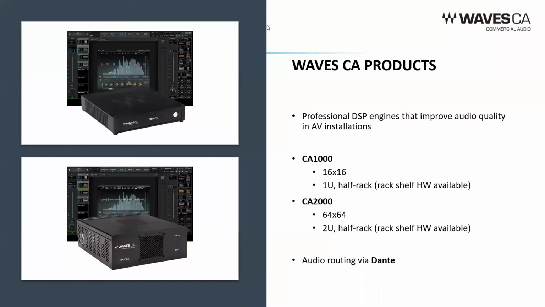So for some installations where you might be covering multiple zones and would like additional processing, you could actually combine units on the same shelf rack space. The CA1000, the 1U unit, handles 16 by 16 Dante streams. The CA2000 handles 64 by 64.